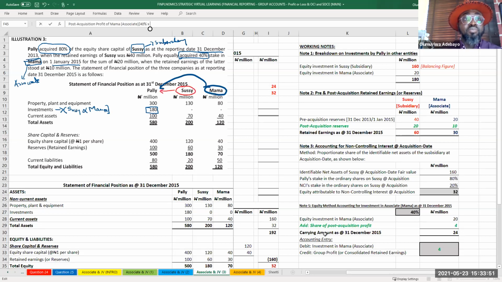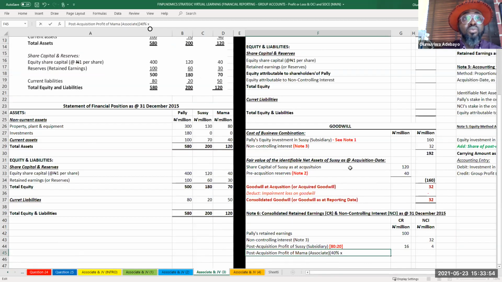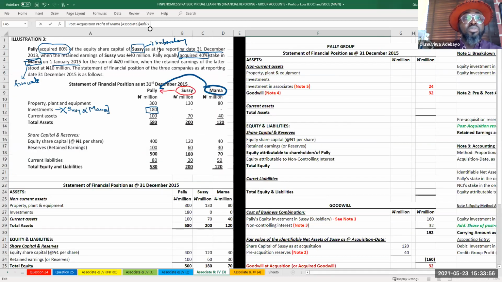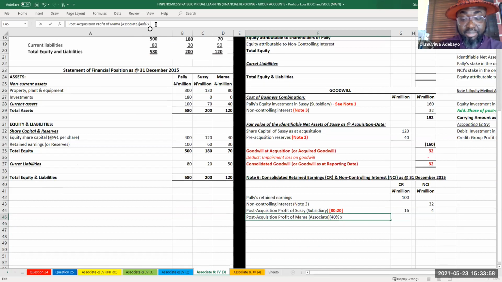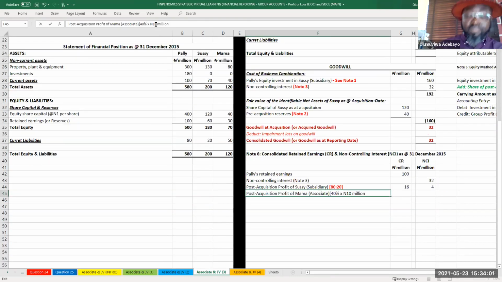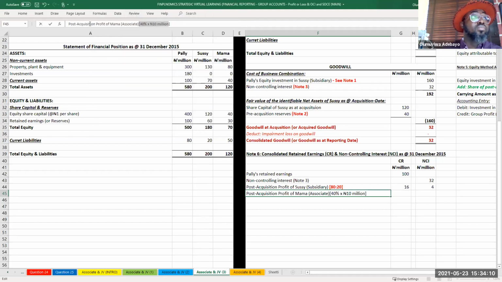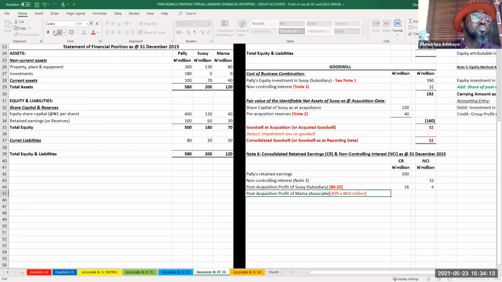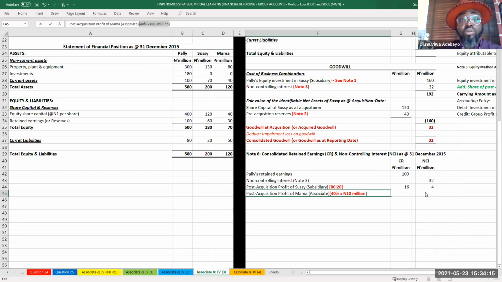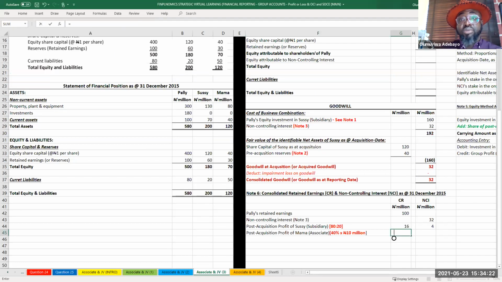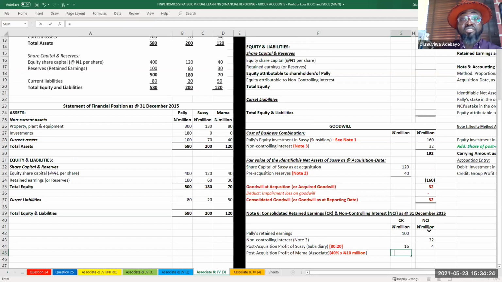Therefore, I'll come here, plus 10 million, which we already have. I can easily link it to what we have before.